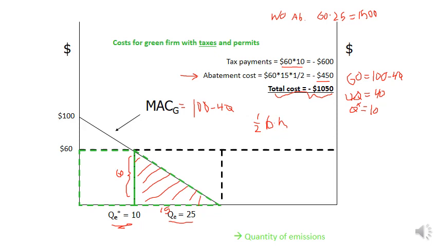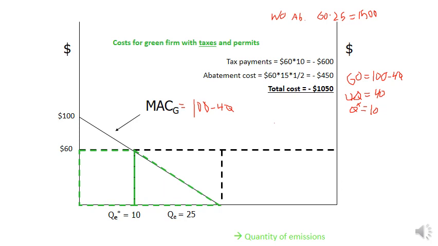Plus, society is benefiting from this abatement and from the revenue it's raising. Take a minute to go over that again on your own while I delete some of these annotations and see if you're good on how we got that number. So just to refresh everyone's memory, we first set the marginal abatement function to the tax to get that optimal level, which is 10.